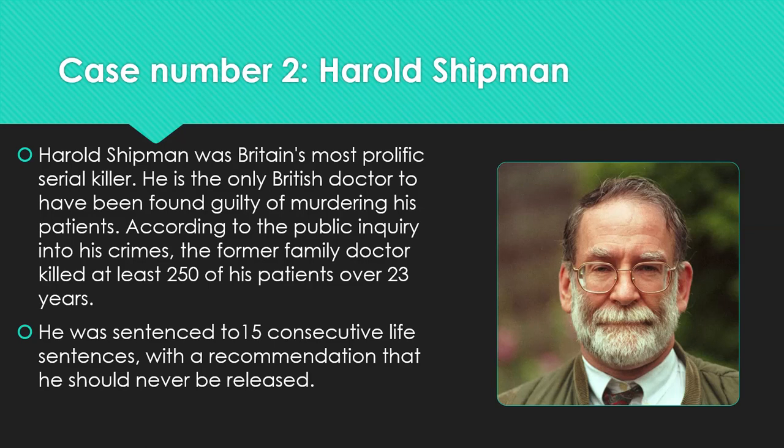Eventually he was found and tried, and he was sentenced to 15 consecutive life sentences with a recommendation that he should never be released. So a life sentence is 33 years, and he's been sentenced to 15 consecutive life sentences. There's a recommendation he should never be released. He will never be released from prison.